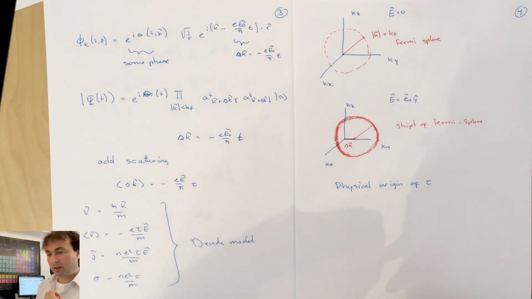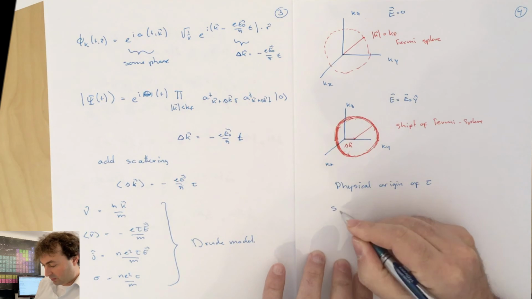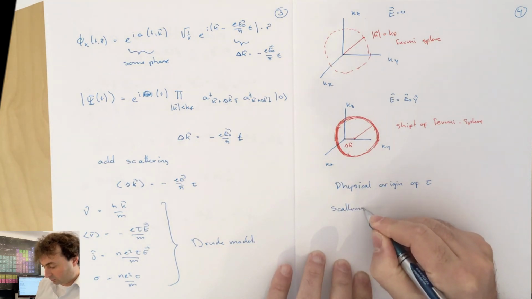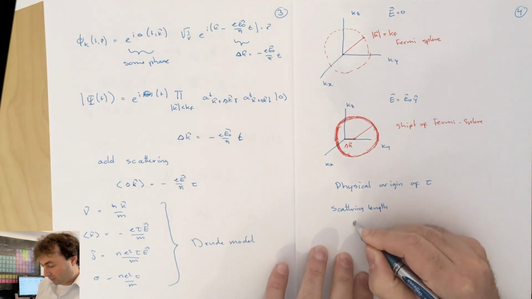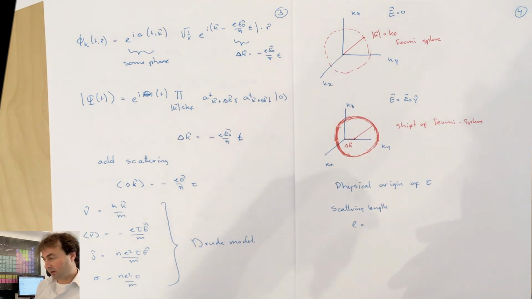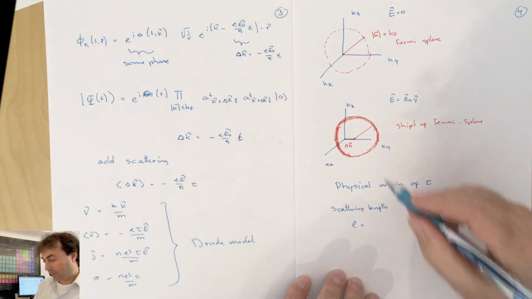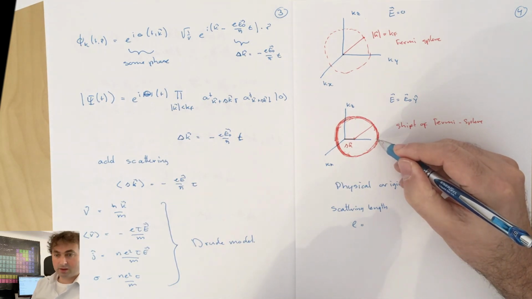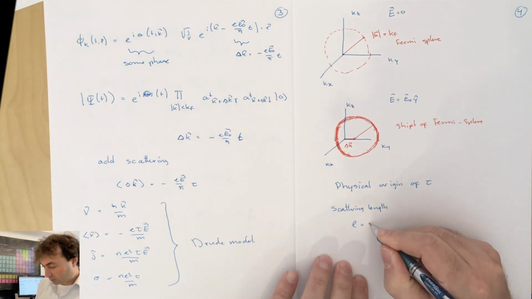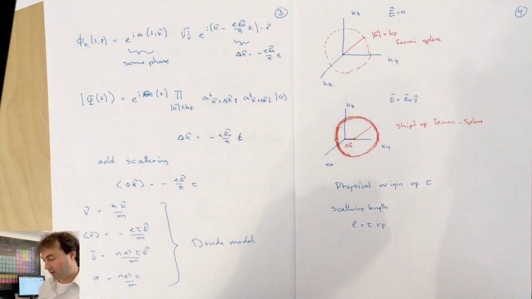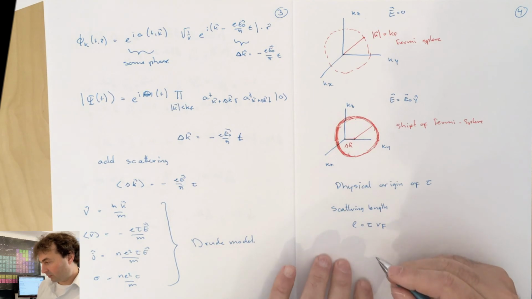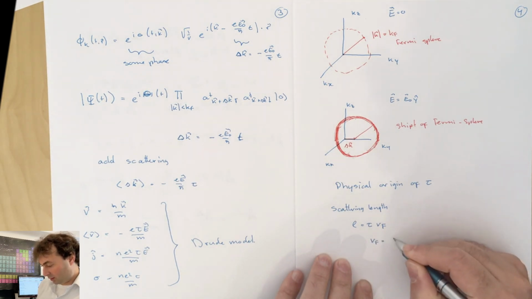And instead of looking at scattering times, we can look at scattering lengths. We can look how much does an electron travel in this time. And an electron that scatters is an electron that sits at the Fermi surface. So we take the time and we multiply it with the Fermi velocity to get a typical distance of these electrons. And the Fermi velocity is h bar kF divided by m.